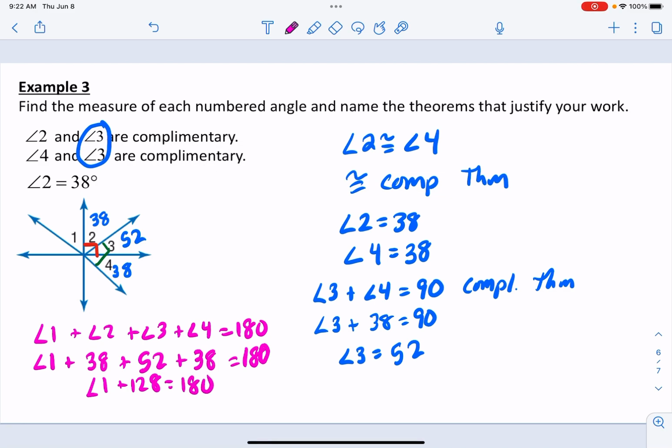Okay, and then I subtract from 180 to get angle 1 equal to 52. And there's another concept we could use on this. I'm going to leave that for another time. But that's how you would utilize the congruent complements theorem and congruent supplements theorem.